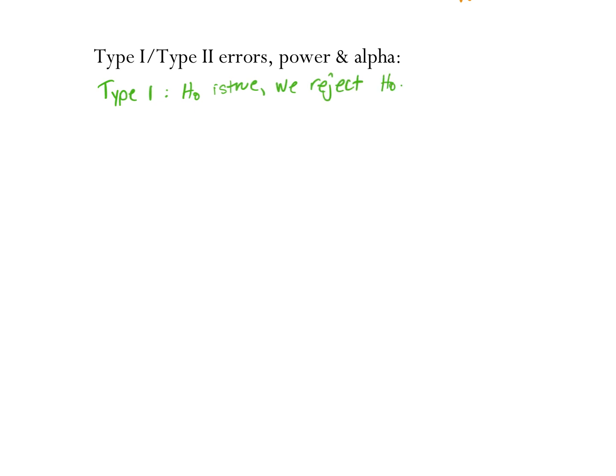In other words, the null is true, but we're making a mistake. So we're rejecting truth, that is a mistake, yes? Okay. Likewise, type 2, the alternative is true. We don't conclude the alternative.